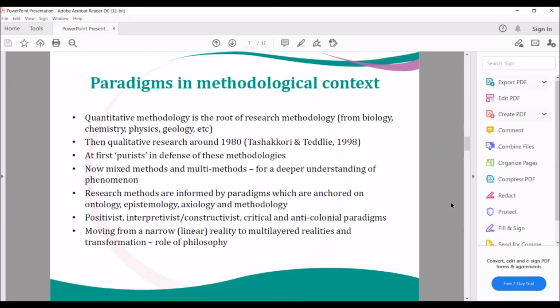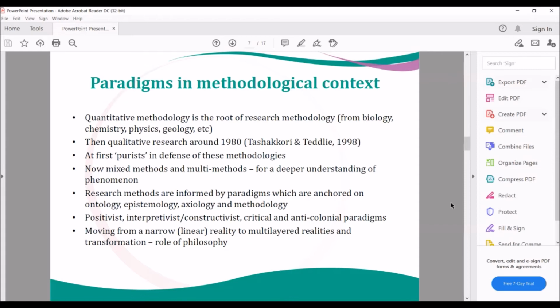So, having said that, traditionally, quantitative methodology is the root of research methodology, especially from the hardcore sciences like biology, chemistry, physics, geology, etc. So when I was talking about power relations or power struggles, you have Western professors who ever lived, who actually came up with ideas and realism to try and define the world from their own cultural lens, from their own value systems lens, at the expense of all other alternative cultures and belief systems.